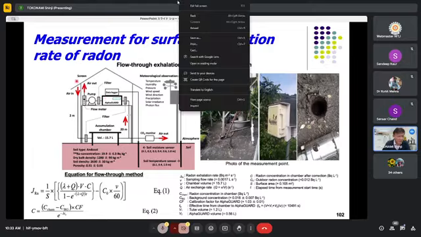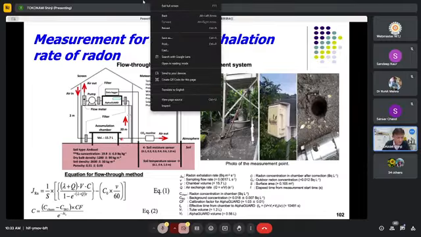Open air goes into this tube, and here is the accumulation container, and air containing radon goes into the AlphaGuard, and the air goes out this way. Also, we measure the carbon dioxide simultaneously.